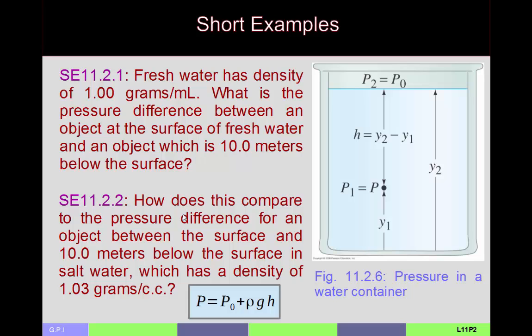So let's do a few little examples with that. First example is, what is the pressure difference between an object at the surface of water and an object which is 10 meters submerged?